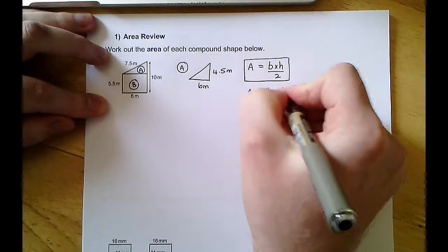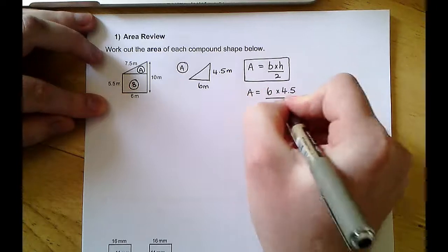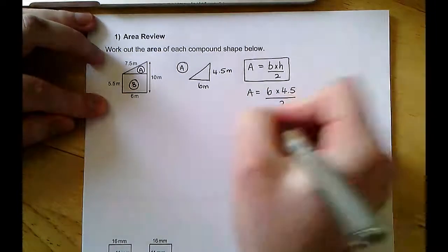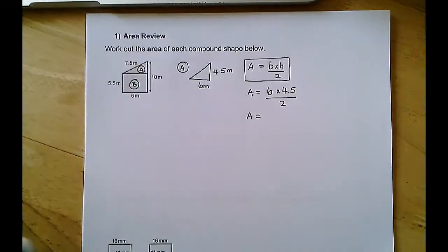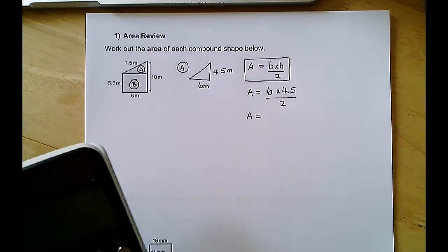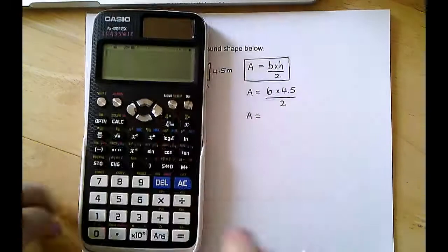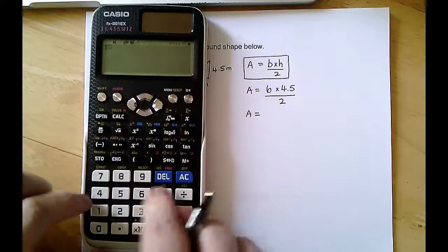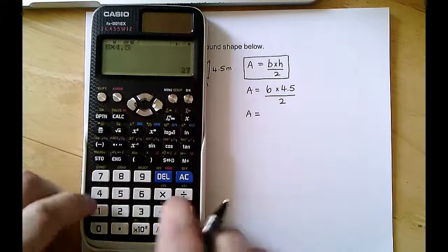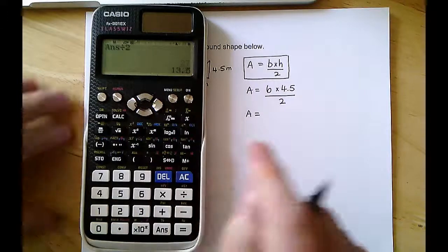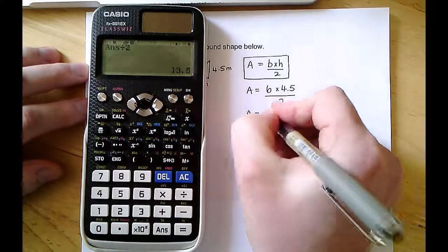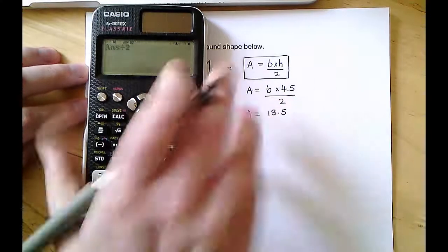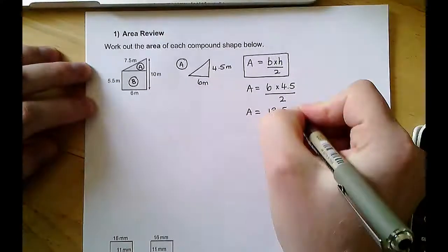So 6 times 4.5 divided by 2. So the area. Every question on this was a calculator question, so you can use it for each question. 6 times 4.5 divided by 2, and you should get 13.5 square meters.